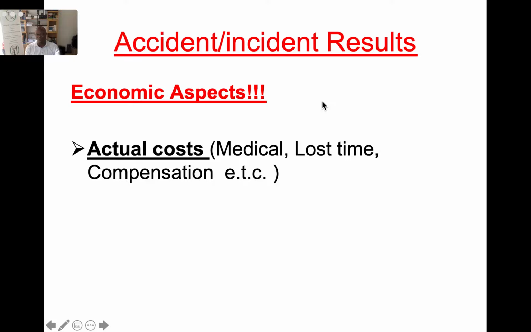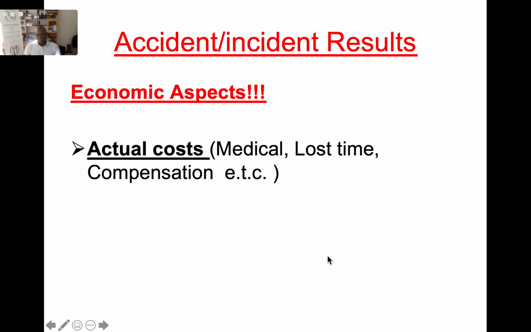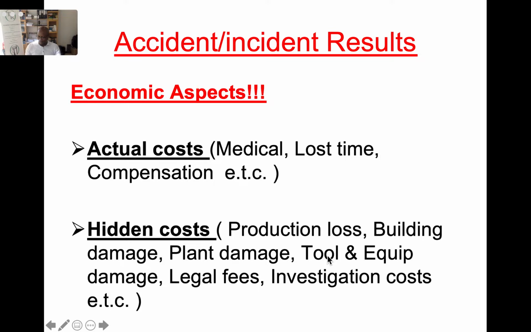We spoke about in COMSOC 1 that 1 rand in actual costs that we can calculate as a result of accident, you can be sure to calculate another 6 to 53 rands in hidden costs. That's what we're talking about, in hidden costs. So in this slide here, we need you to give us at least 3 economic aspects, whether it's actual or hidden, it doesn't matter. Just choose any 3 of them.